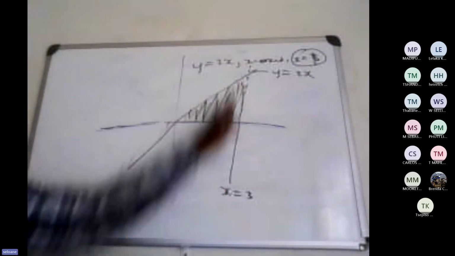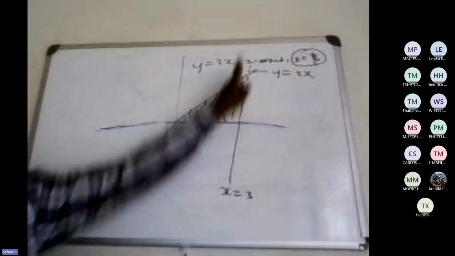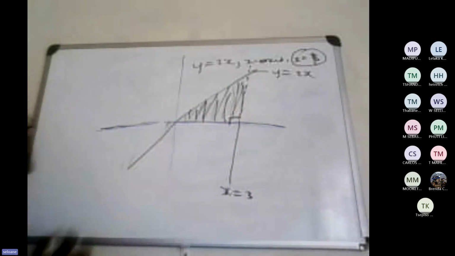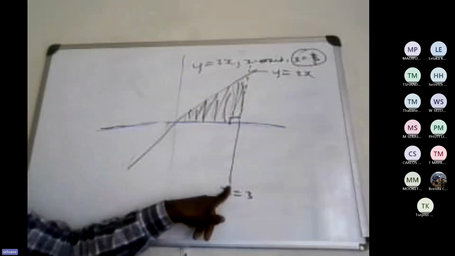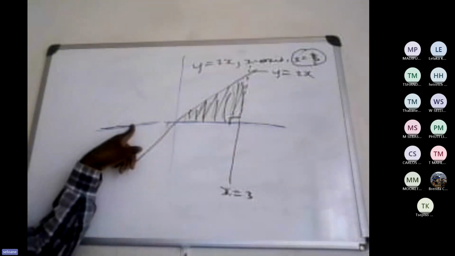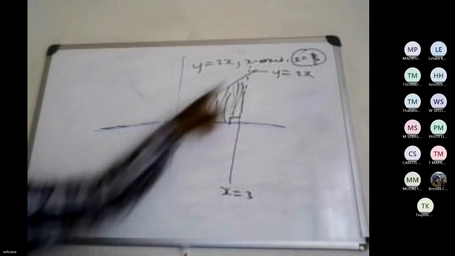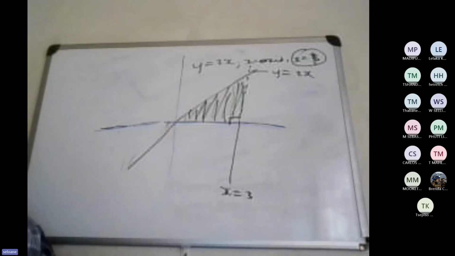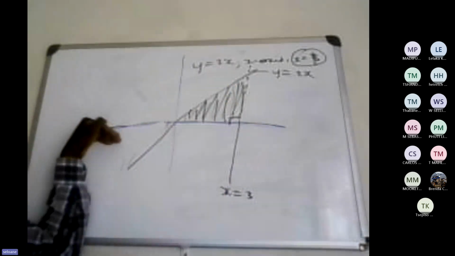Because this is the line x equal to 3, this is a right angle, because it's x equal to 3 and y equal to 0. They're perpendicular to each other: a vertical line and a horizontal line.